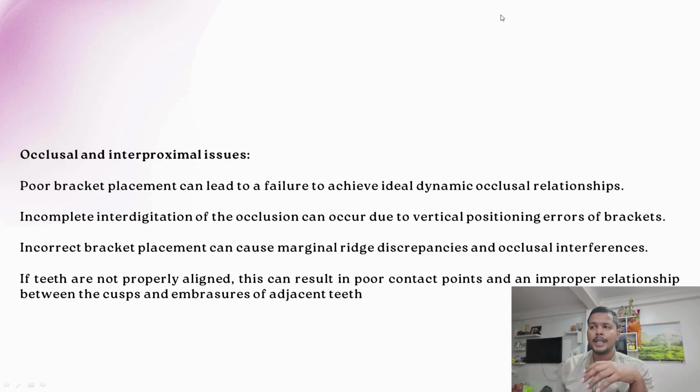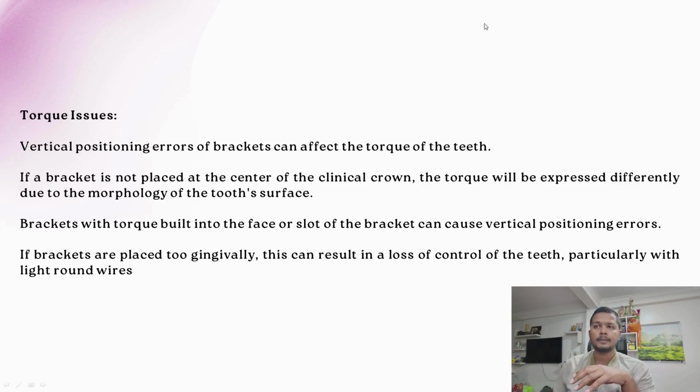Poor bracket placement can lead to failure to achieve ideal dynamic occlusal relationships, and incomplete interdigitation of the occlusion due to vertical positioning errors in the bracket. Incorrect bracket placement can cause marginal ridge discrepancy and occlusal interference. If the teeth are not properly aligned, this can result in poor contact points and an improper relationship between the cusps and embrasures of the adjacent teeth.